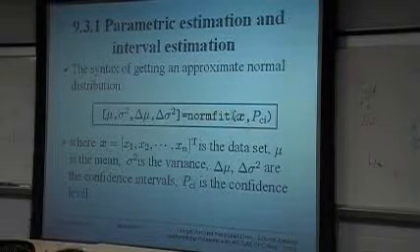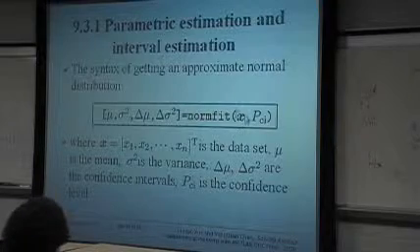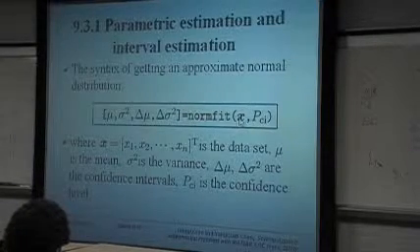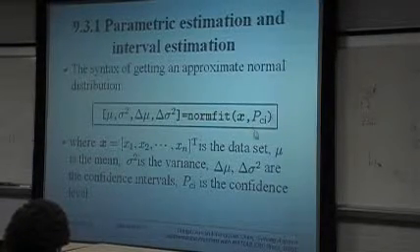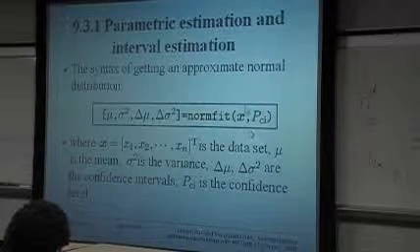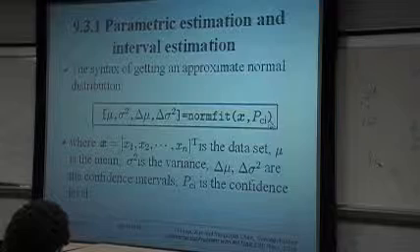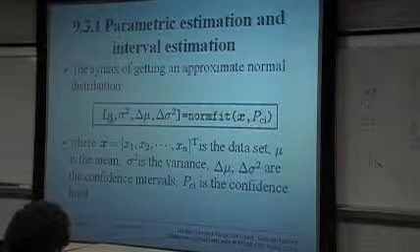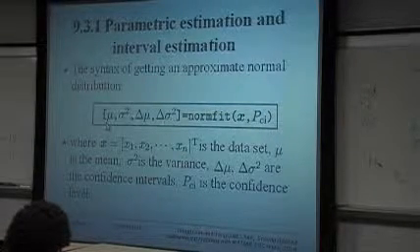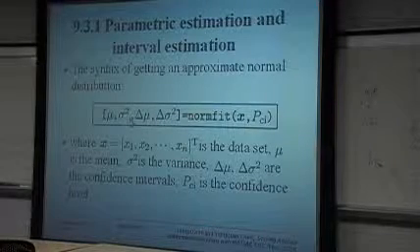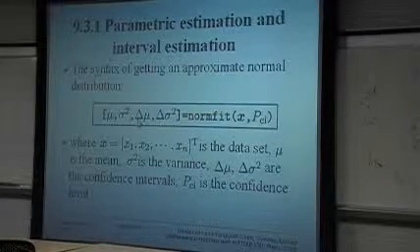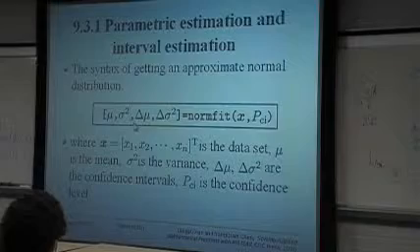And here is the vector which we know satisfies a normal distribution. And we can specify a confidence level, which is usually 95% or a similar number. Then we can find the estimate of mu and sigma for this data. And also we can find the confidence interval like this.